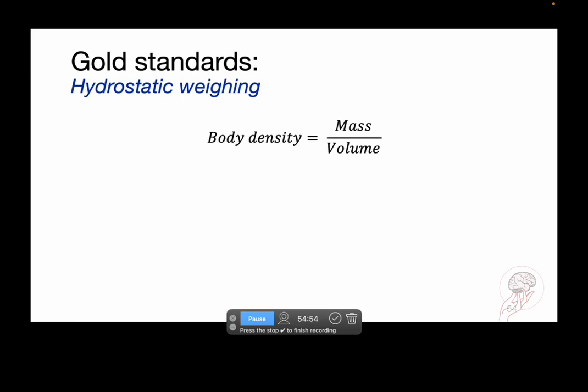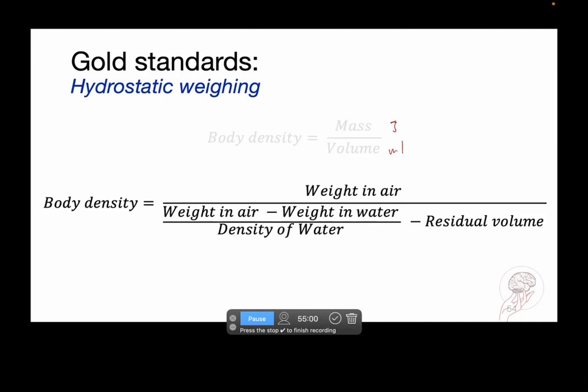So again, density is mass divided by volume, grams over milliliters. So we take someone's weight in the air, in grams, we'll say. We then get the weight in the air in grams and the weight in water in grams by the density of water, which we know is 1 gram per milliliter.